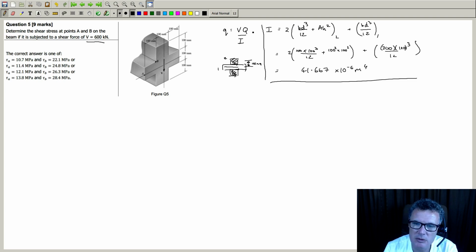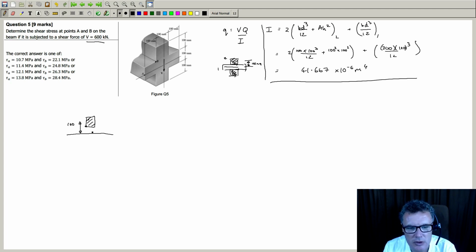Now let's work out what the shear is for this point and then for this point. So here, this is when you're going to need to use your Q. So for the top one, what we can do is imagine that we've got just a block there, and we know its distance is 100 millimeters away. What I want to do is work out the Q for this block, because the B is sitting underneath here.